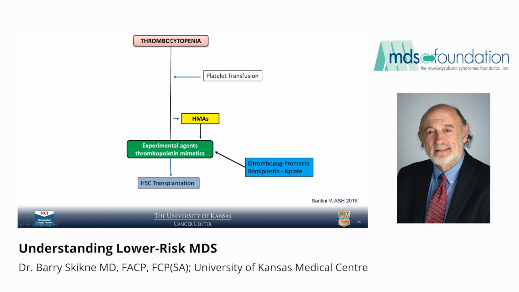So when we have thrombocytopenia, we'll usually choose to give hypomethylating agents again, but it doesn't work for all. Maybe 20 to 25% of patients will have a response. We use platelet transfusions if the platelet counts get below 15,000 usually. Some use a platelet count of 10,000 or below.